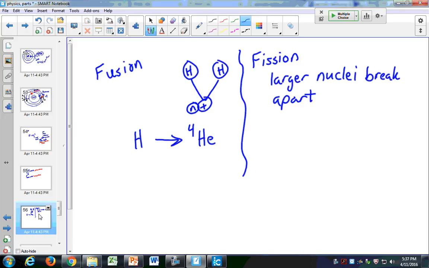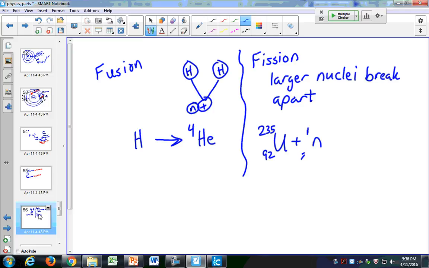But fission, they give an example of fission where you start with U-235. This is the example that they have on 312. U-235, which has 92 protons, and then 235 minus 92 neutrons. This combines with a neutron. So my neutron, notice my number up here is going to be 1. What's the number on the bottom for a neutron?